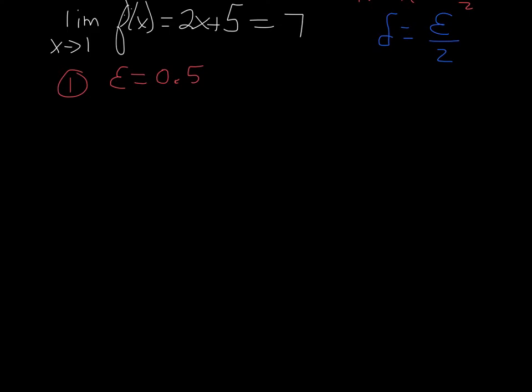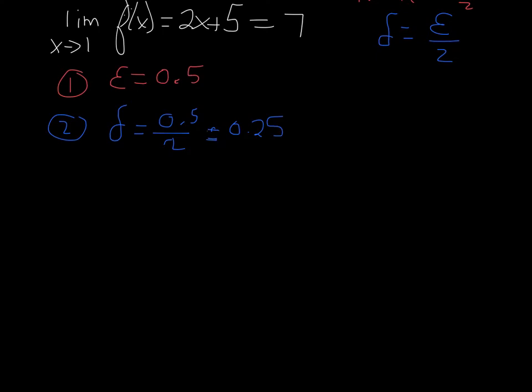So now we're going to have player B come along, and player B is going to pick another smaller number, delta. But he's already done the definition work that we did above, and he knows that as long as he chooses a delta that's smaller or equal to epsilon divided by 2, he's going to win this game.